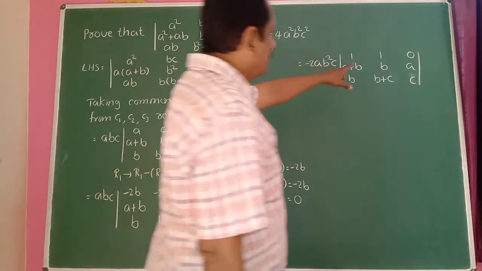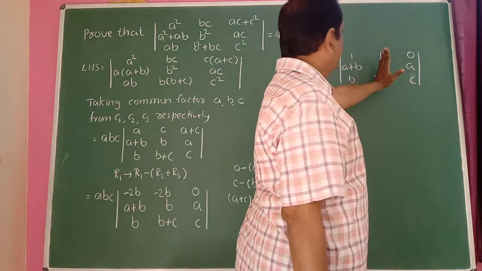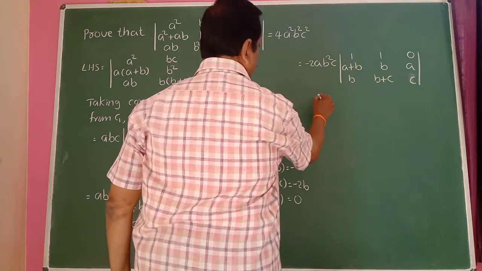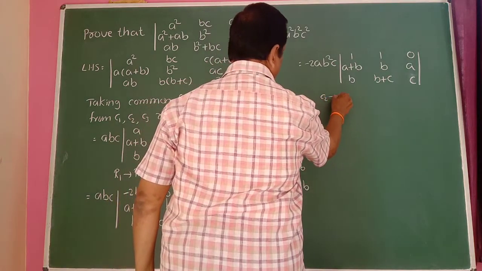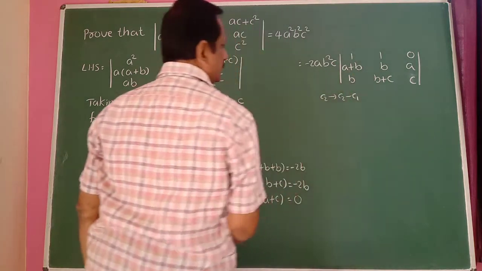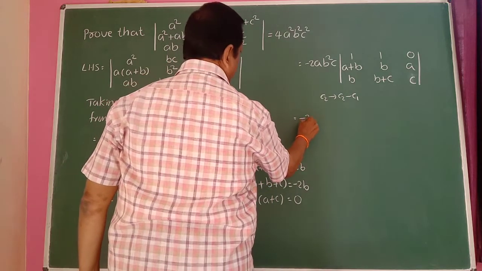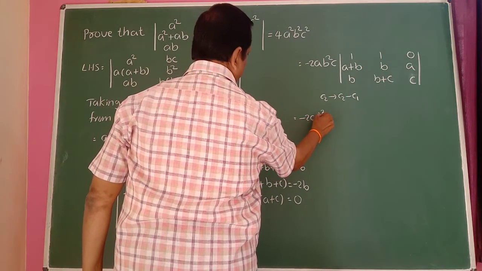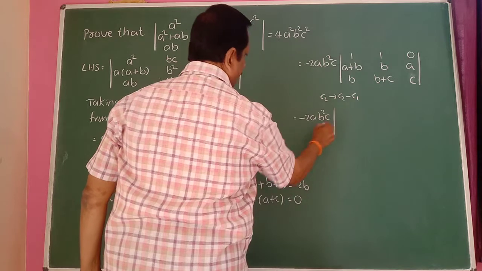Now make this one also 0. Means C2 minus C1. So C2 gives here C2 minus C1. Yes, this is equal to minus 2 A square C into the determinant of.